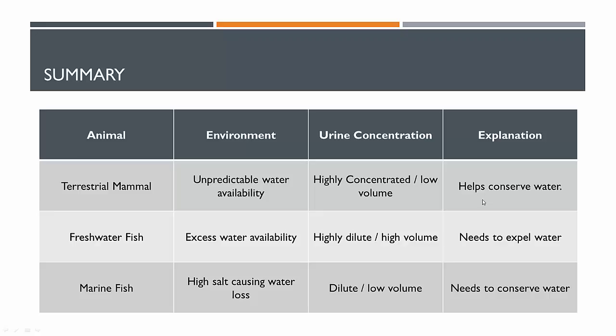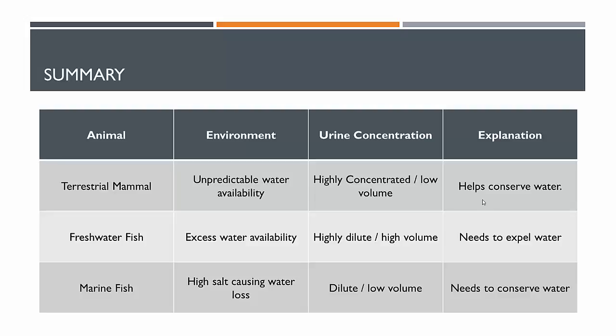So if we threw this into a table, looking at the animal, the environment, the urine concentration, and why, we have this. And what I'm noticing in class, particularly with my class, Miss Skelly's class might be different, is that we're not really getting into the writing mode, and I think that's slightly concerning.